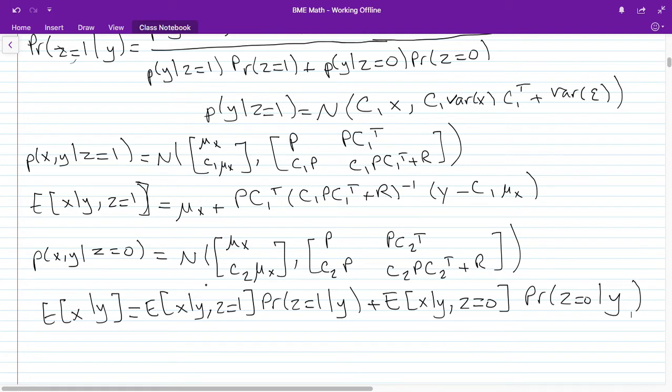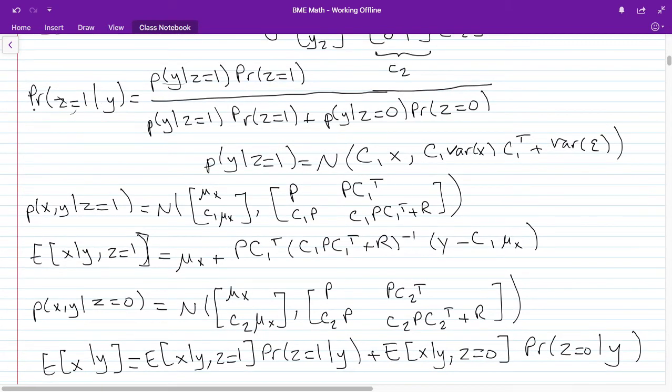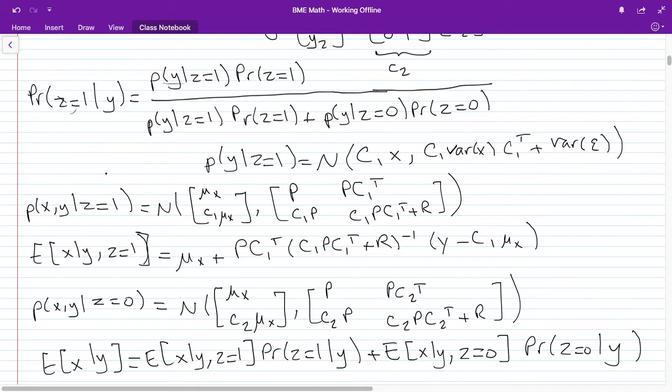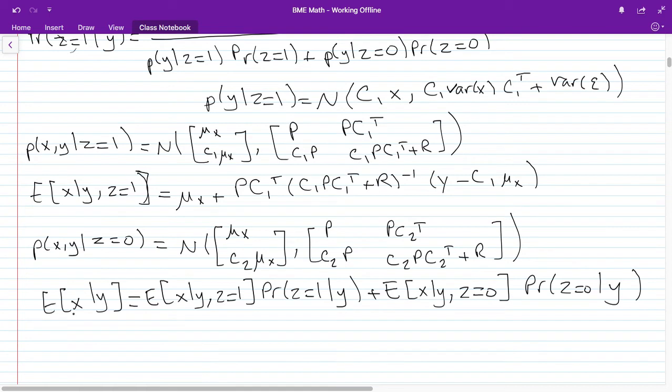So I had two models that could have generated my data. What I did is that I computed the probability of the data that I saw coming from a common source. I can also compute the probability of the data coming from separate sources. And then I say, okay, what's the location of the sound given that I heard a sound and I saw a light?